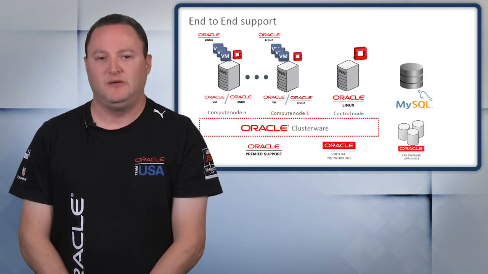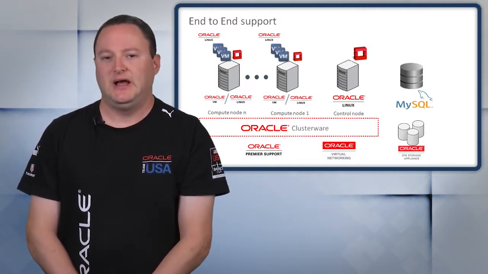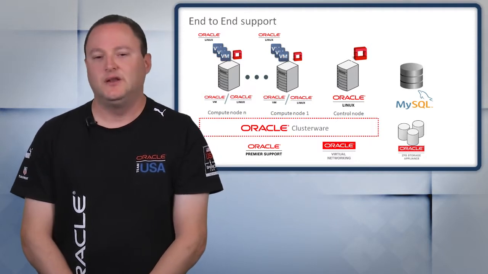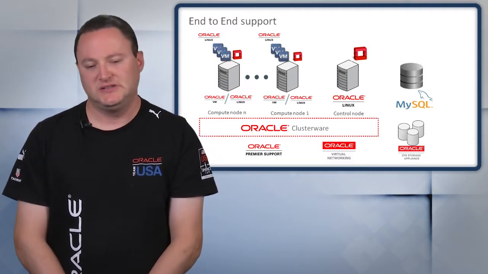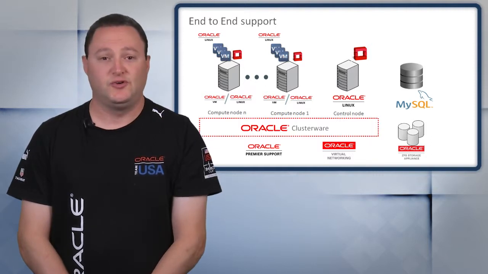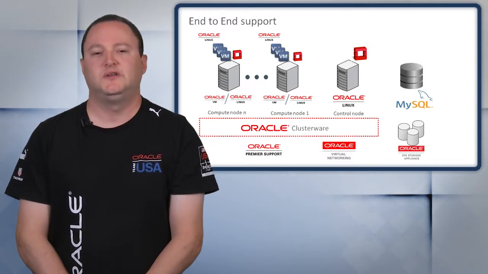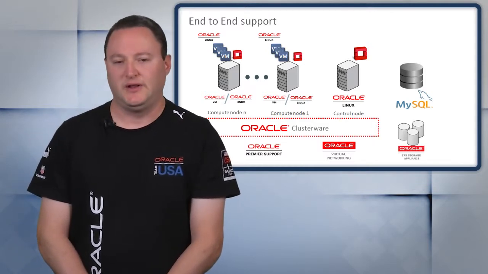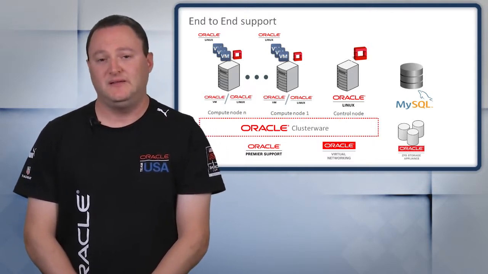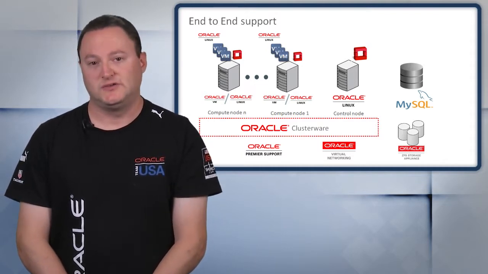That would be the networking piece, and all supported by Oracle. And all of this is available at no additional cost on top of Oracle Linux Premier support. So in other words, if you have Oracle Linux Premier support, you are already supported for OpenStack. And this is a very useful option for our customers.